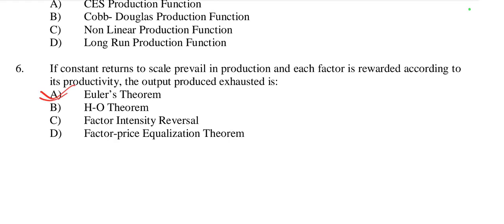Option A, Euler's theorem, because Euler's theorem states that if a production function exhibits constant returns to scale and factors of production like labor and capital are paid according to their marginal productivity, the output is exactly exhausted by the payments to these factors. So this ensures that all output is accounted for without any surplus or deficit. So here Euler's theorem is the right answer.